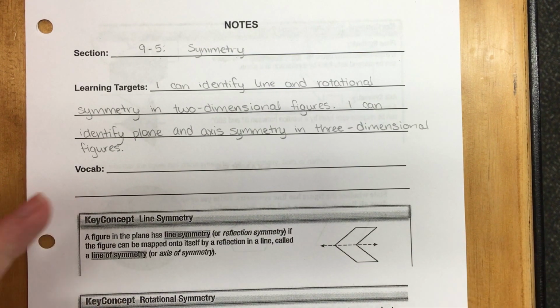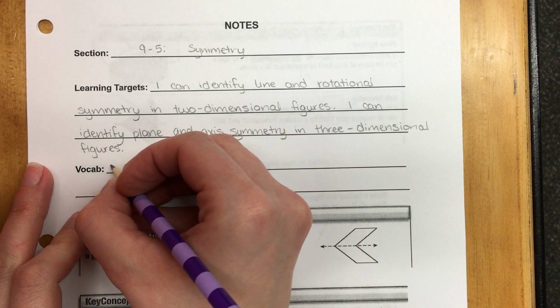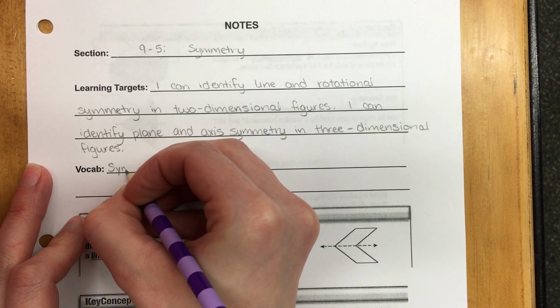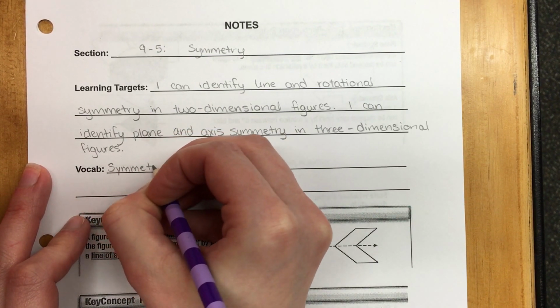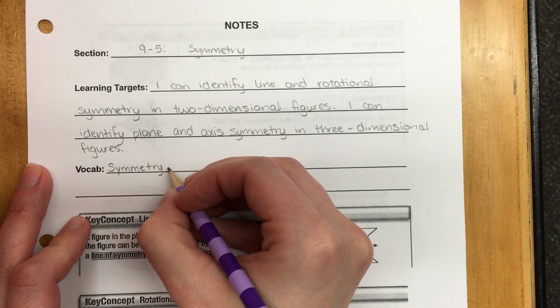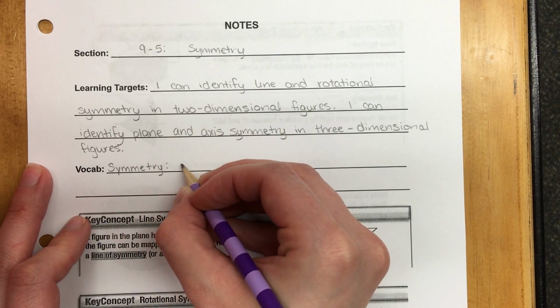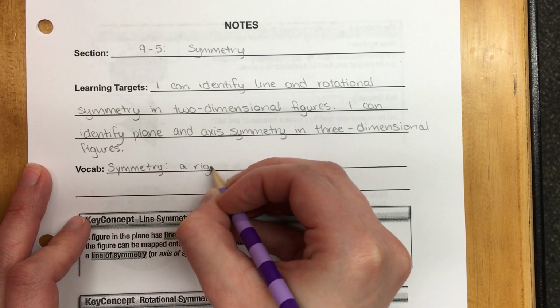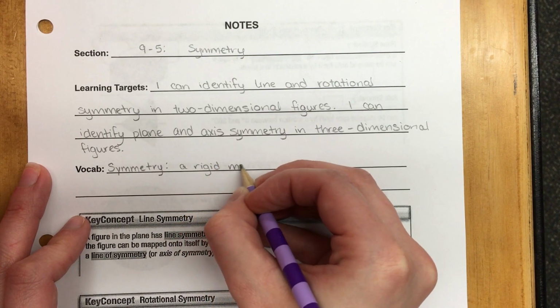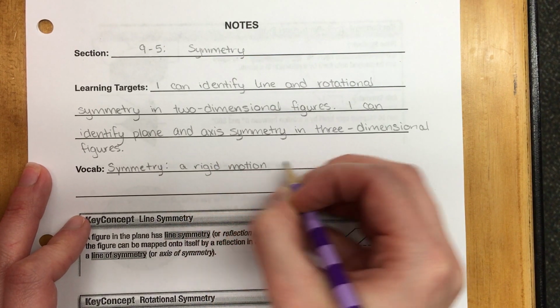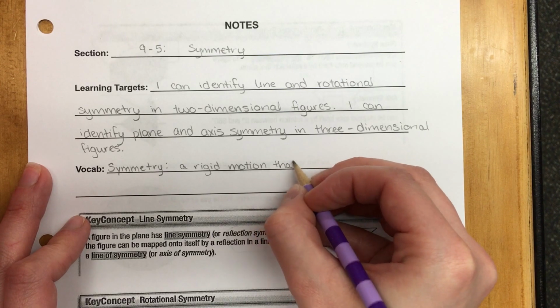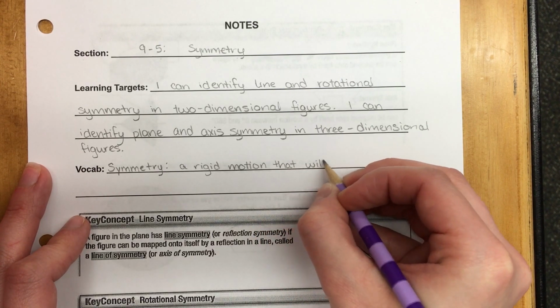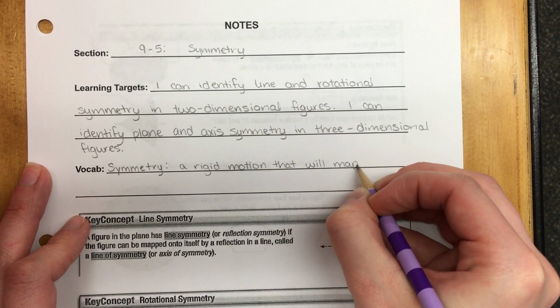So, symmetry means that there is a rigid motion that will map the figure onto itself.